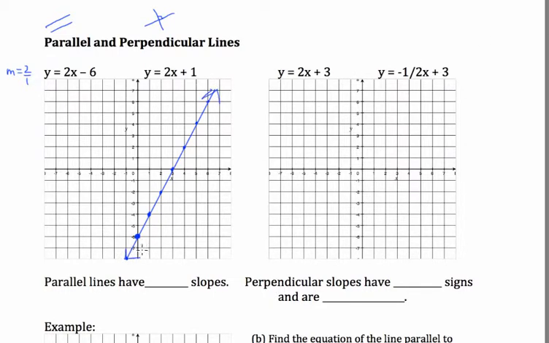Let's look at the other line. 2x plus 1. My b number is 1, so I go on the y-axis, I find 1, and I make a dot. And again, my m number is 2, which again means I'm going to go up 2, right 1.